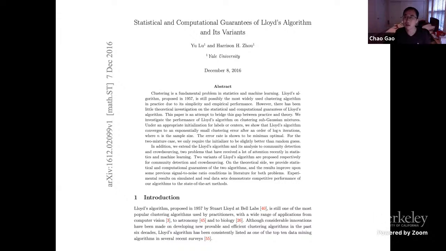If you have data generated from a Gaussian mixture model, then you just run K-means. In this paper by Lu and Zhou, they were able to show that the clustering error will go down exponentially to the minimax clustering error for Gaussian mixture model, which characterizes both the statistical optimality and the computational efficiency of the algorithm.